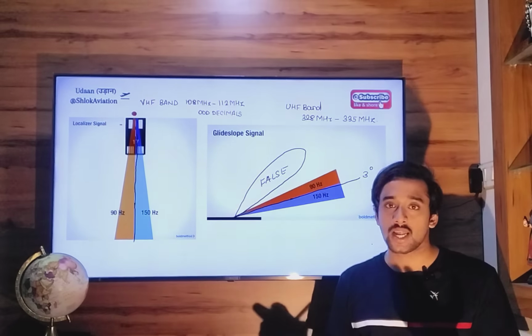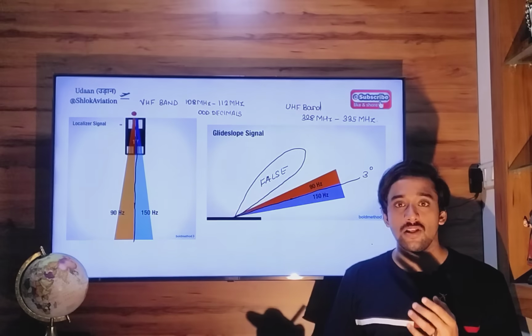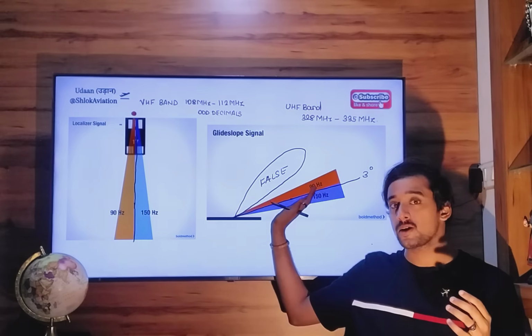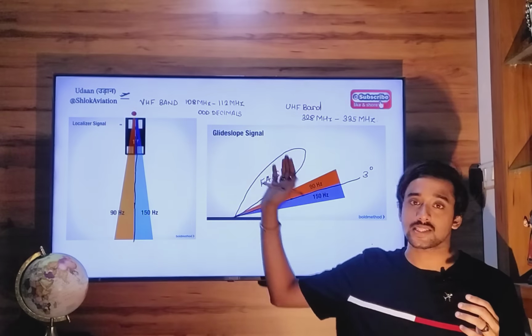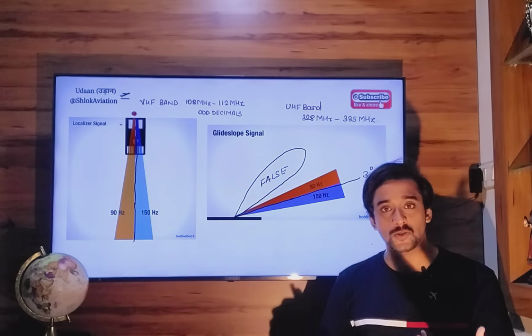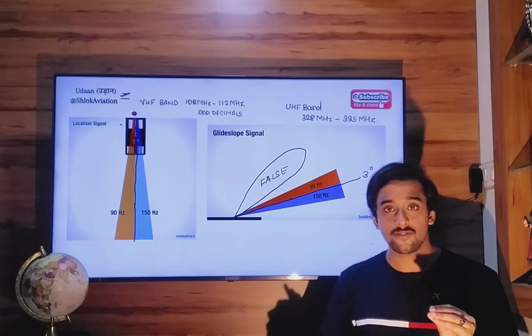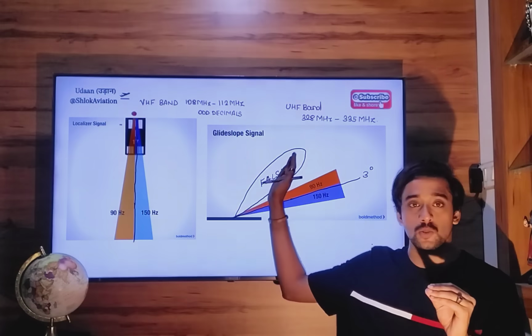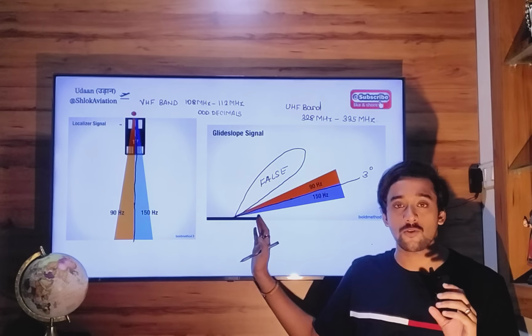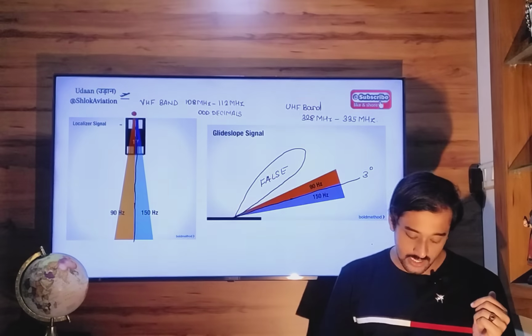Any false glide slope signals that are produced will be produced above this. They won't be produced below it. So if these false glide slope signals are produced, your aircraft may follow a false glide slope instead of following the correct glide slope for landing. So that is a problem.